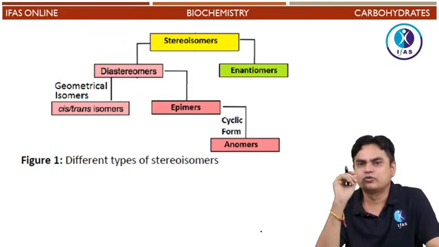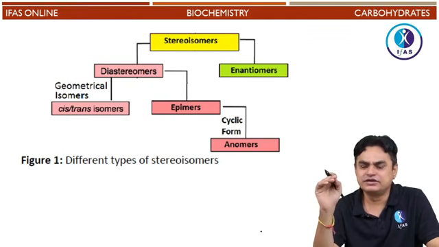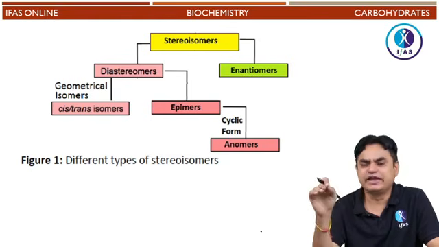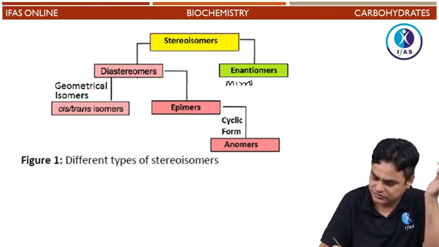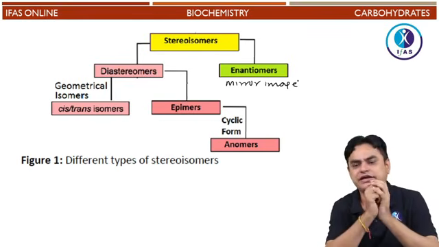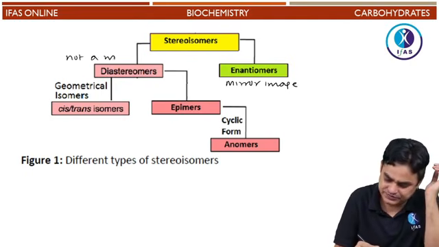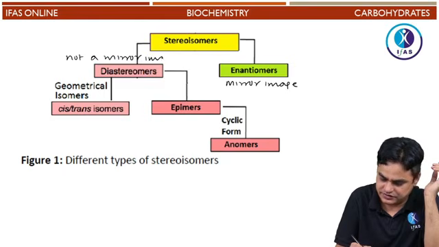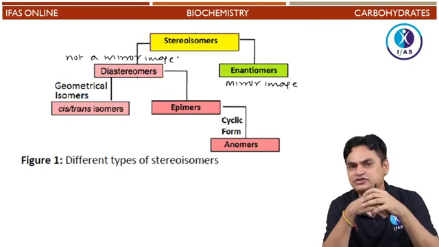Stereoisomers could be broadly divided into two categories: enantiomers or diastereoisomers. Stereoisomers could be mirror images of each other, and if they are mirror images of each other, they are referred to as enantiomers. If two molecules are not mirror images of each other, they are referred to as diastereoisomers.